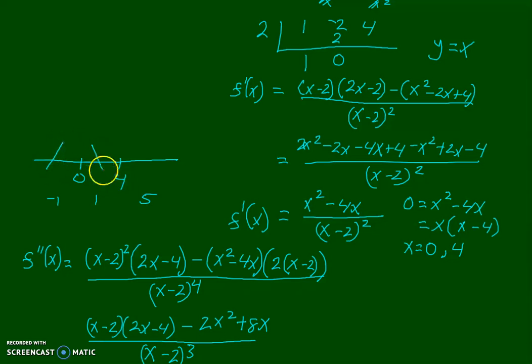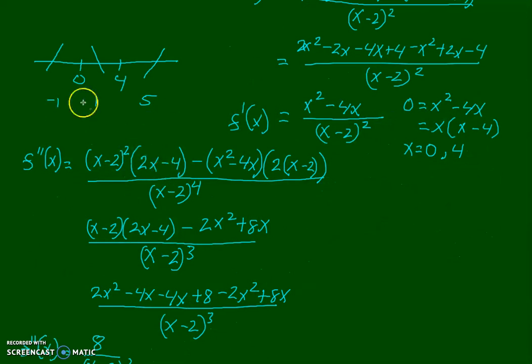At 1, it's negative, and at 5, it's positive again. So we can see that at 0, we have a max. So this is a maximum. And at 4, we have a minimum. And the maximum is going to be 0, negative 2. The minimum is going to be 4, 6.